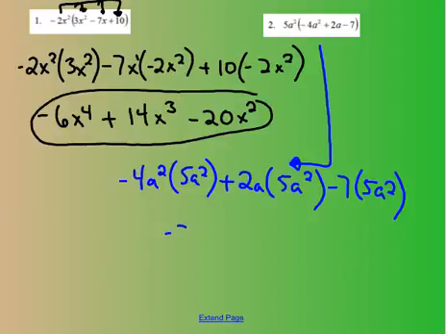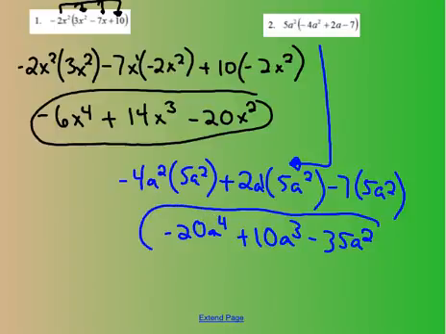But negative 4 times 5 is negative 20a to the 4th, plus 10a cubed, and then minus 35a squared. So that's the answer for 2 in blue. The answer for 1 is in black. I'm not going to write those out every time, but that's what you're doing. You have to understand that you're multiplying and distributing each time.